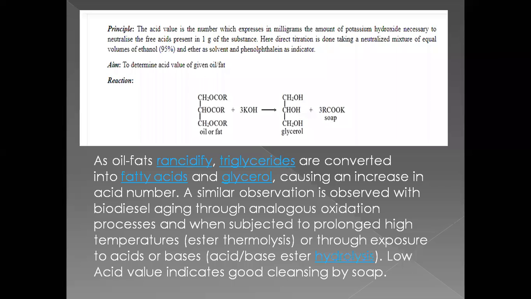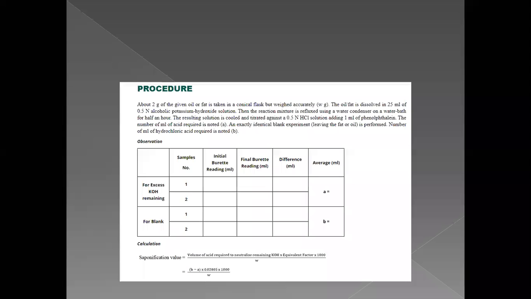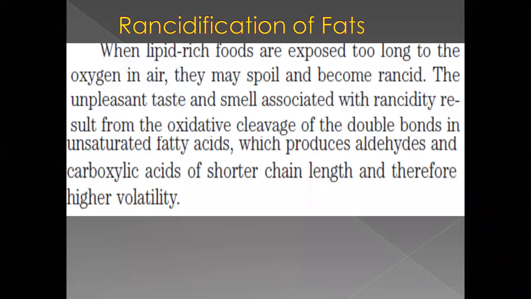Out of that, we have discussed the principle and procedure involved in the acid number. Then we have discussed the principle and procedure involved in the determination of saponification number, and the phenomenon responsible for the deterioration of fats and oils. The phenomenon is known as rancidification. So this we have discussed today.